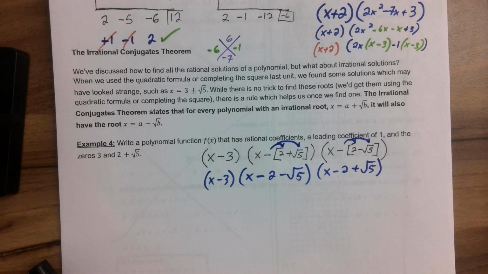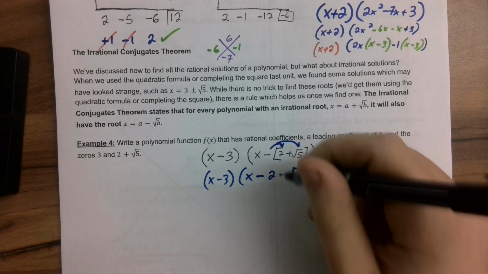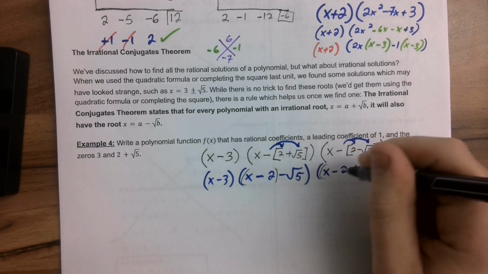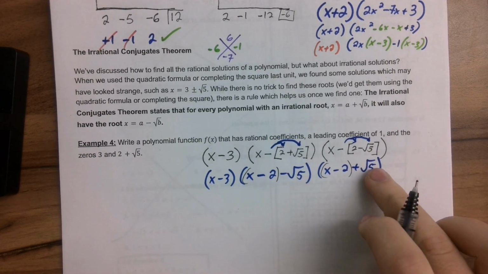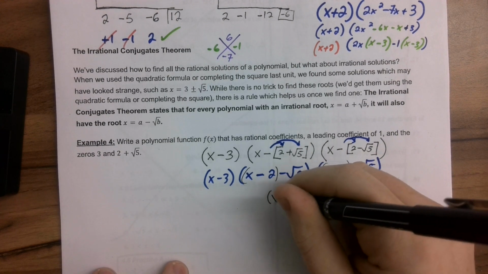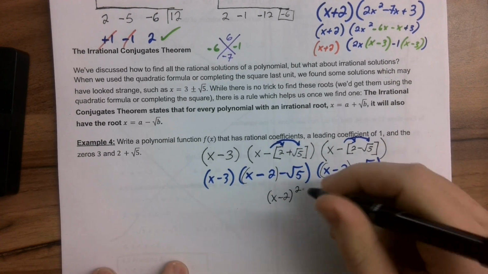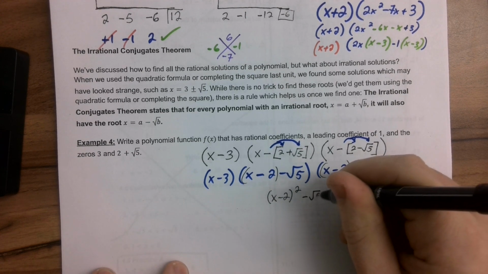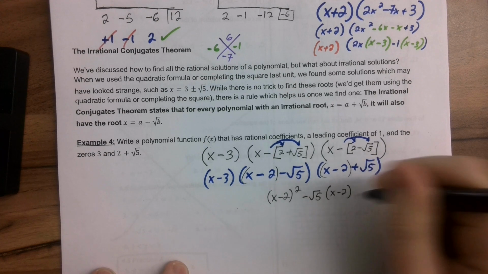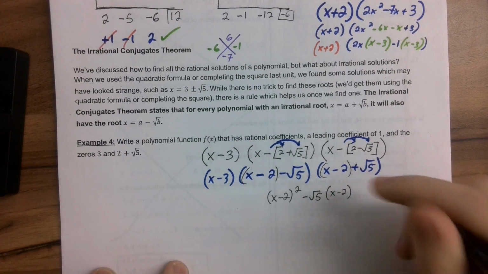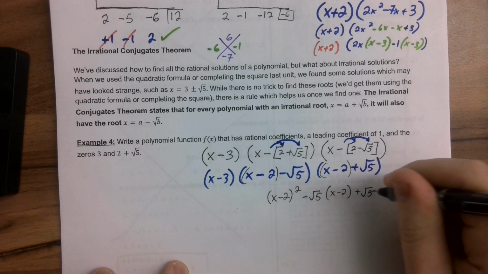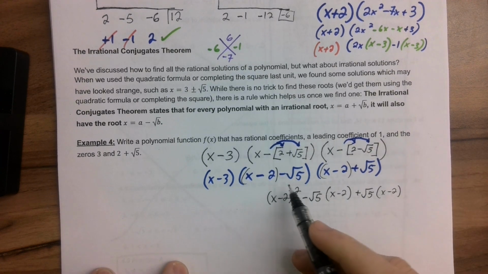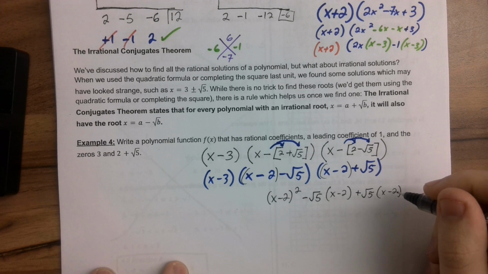This is a little bit tricky still to factor, so we are going to need to use a different strategy. One strategy we can use is by putting x minus 2 in parentheses here. So when we FOIL it, this is just going to be x minus 2 squared, minus square root of 5 times x minus 2, then plus the square root of 5 times this, and negative square root of 5 times positive square root of 5.